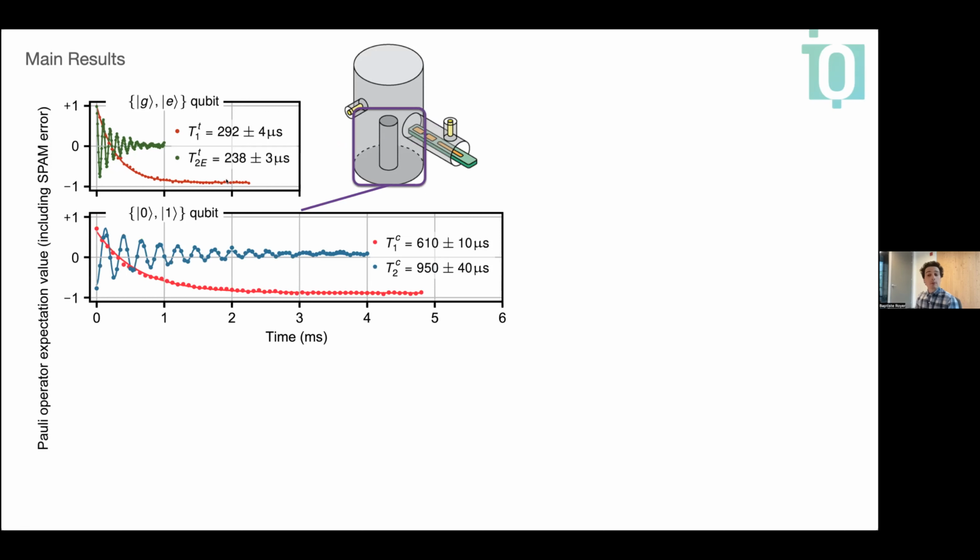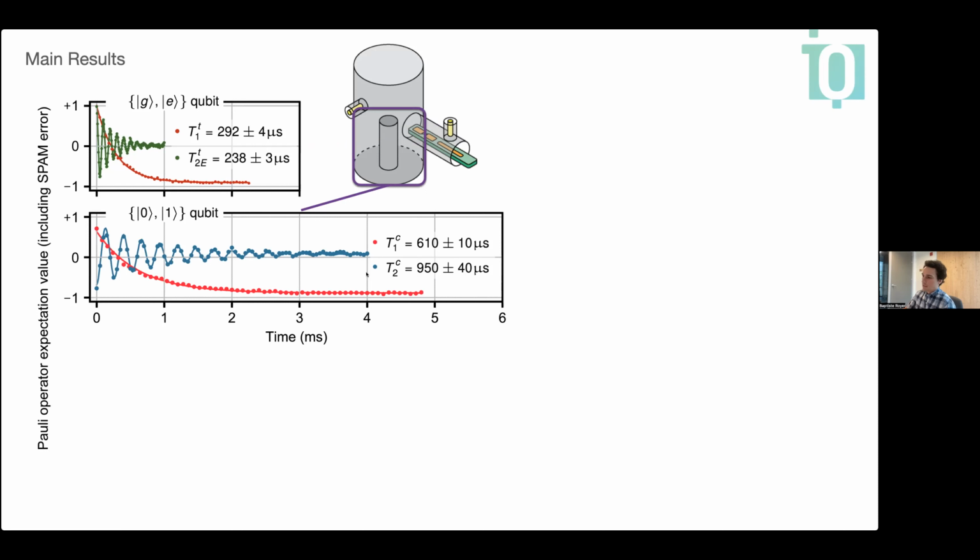Now, if we don't do error correction, the best thing we could have done is encode the qubit in the Fock 0 and 1 states of the cavity. These are the longest-lived states in our physical system. And there was a T1 of 610 microseconds and a T2 just below 950 microseconds.